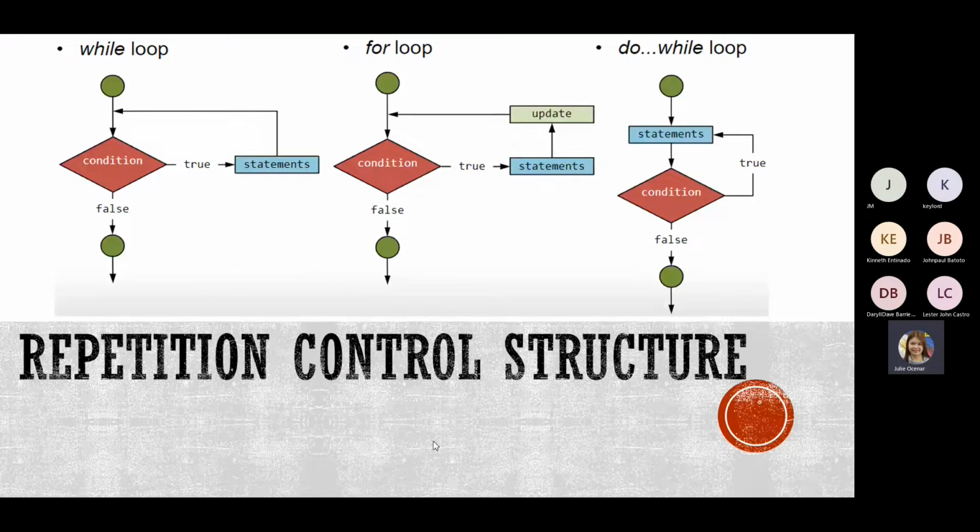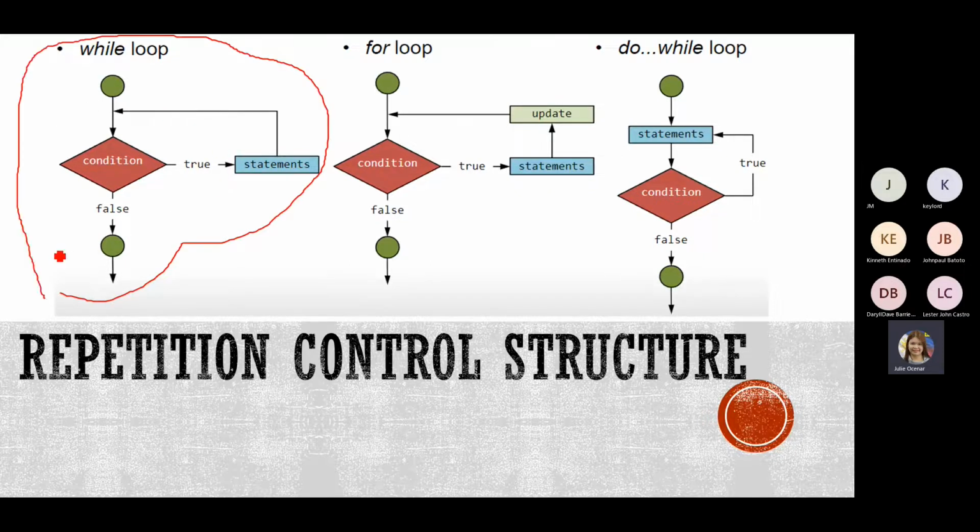Okay? So now, we'll go to our different types of looping statement. So we have the while loop, the for loop, and the do while loop. Okay? So this is the graphical explanation of the while loop. Okay?